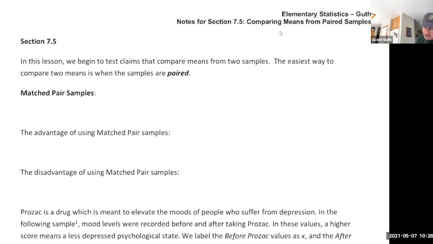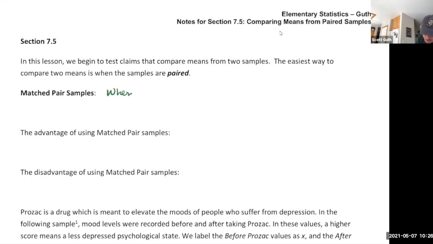So let's go ahead and jump on in here. It says in this lesson, we begin to test claims that compare means from two samples. The easiest way to compare two means is when the samples are paired. So again, we'll call them matched pair samples.